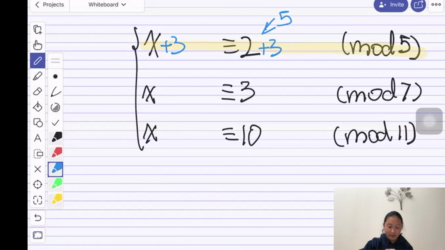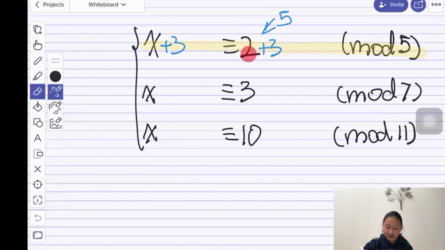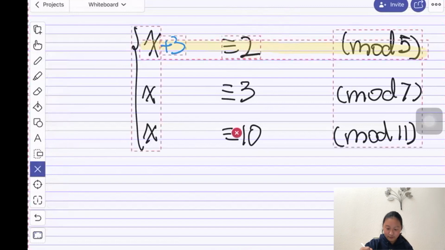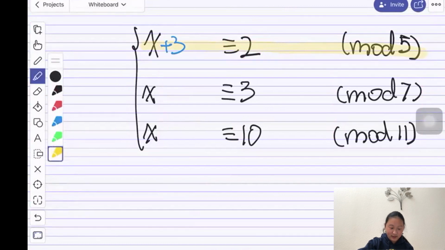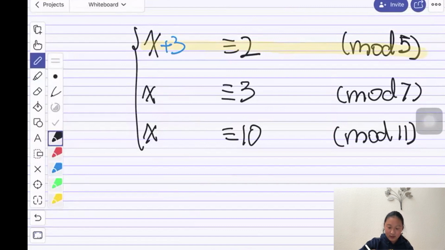This means that we can get rid of that part. So we have 0 over here instead.